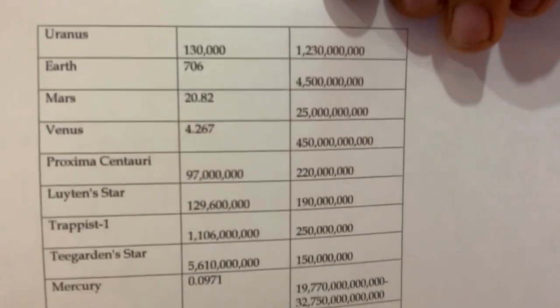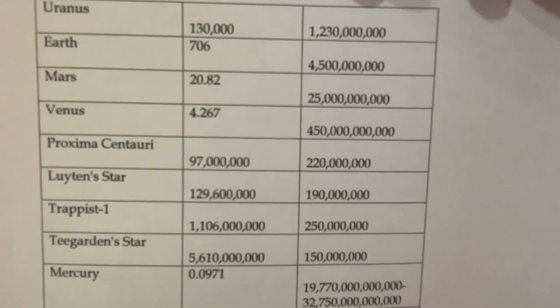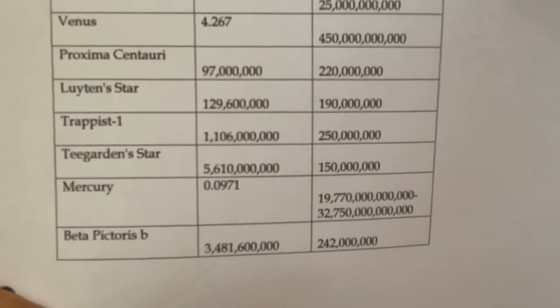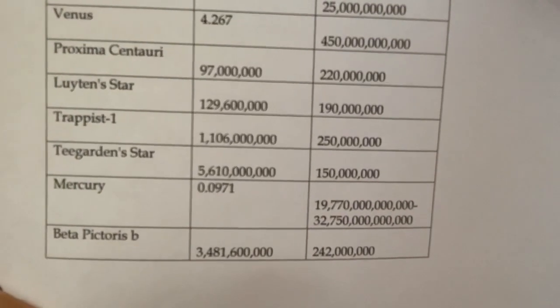And I also did some other stars here as well. There are various calculations there, some various numbers for you. Now, of course, all these are subject to change as well.